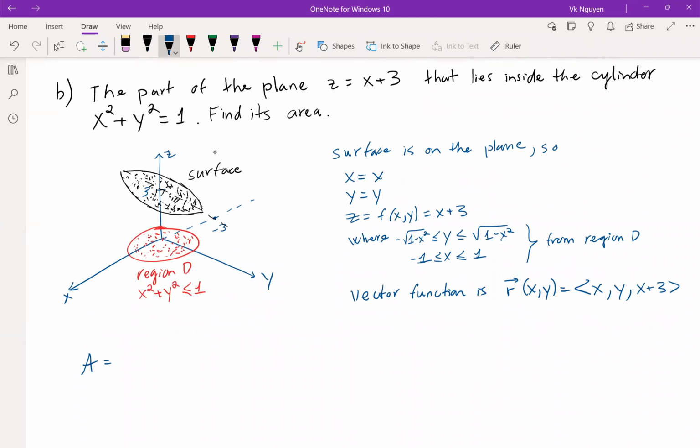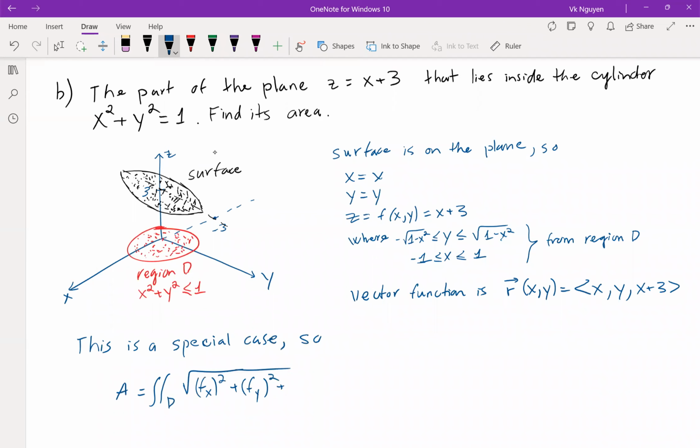Area. If you look up here, this is the special case. So the area is the double integral over the region D of root of f_x squared plus f_y squared plus 1 dA.